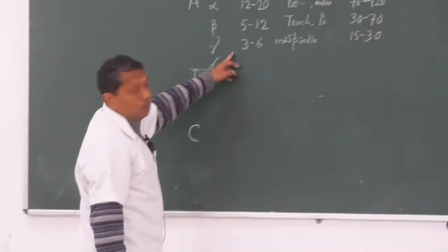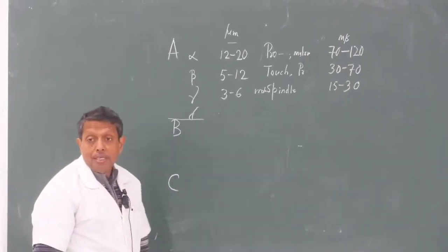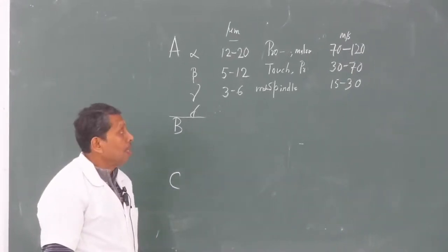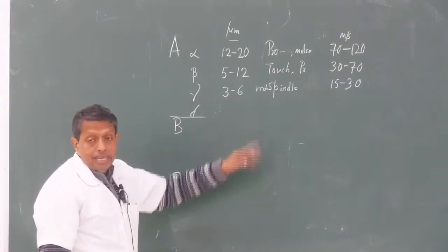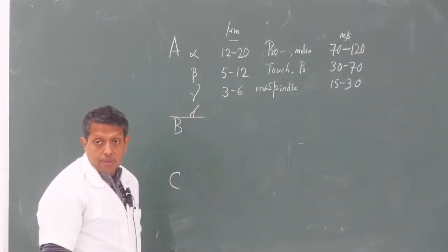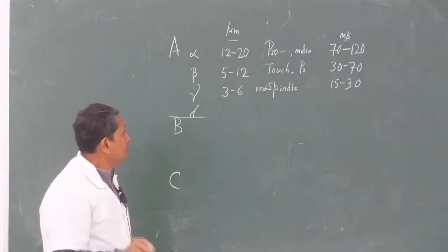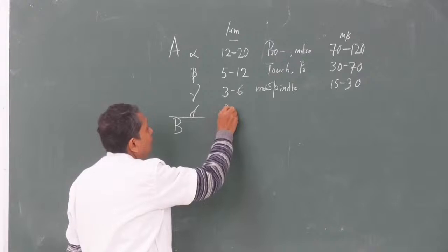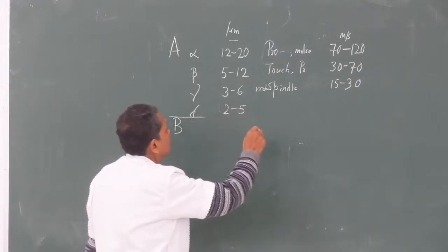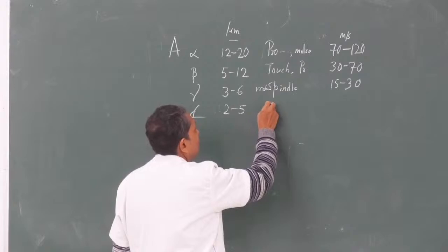Gamma is the motor, it has no sensory role. Motor to muscle spindle, skeletal muscle, and it helps in maintaining the muscle tone. And delta is 2 to 5, and it has sensory also.